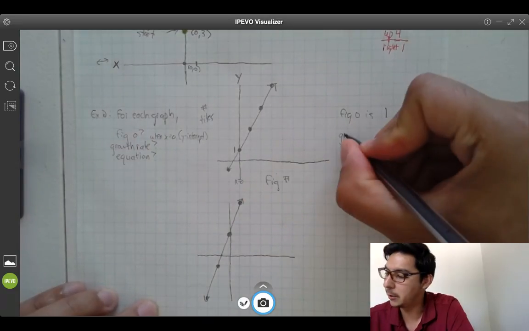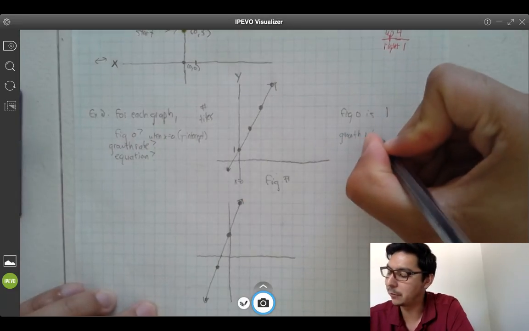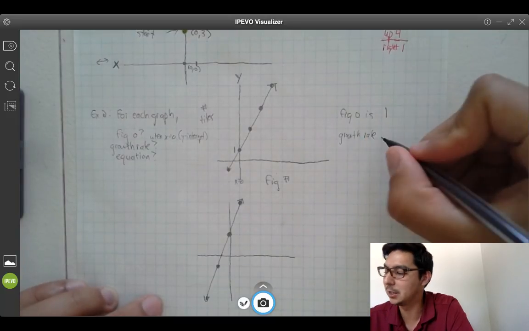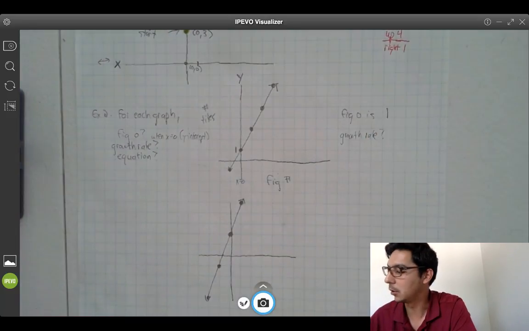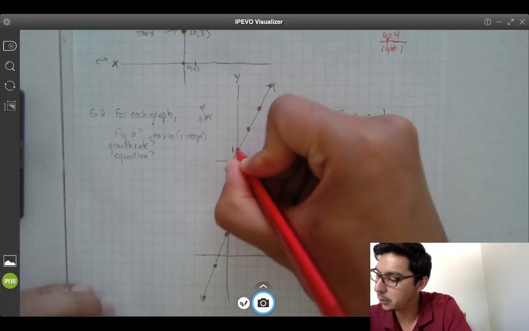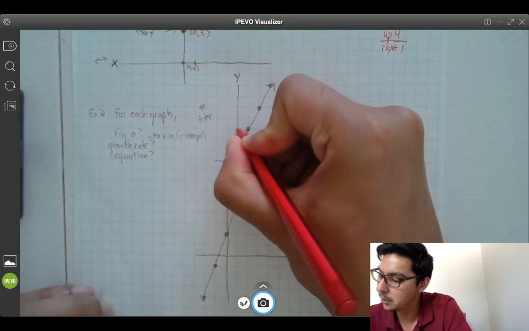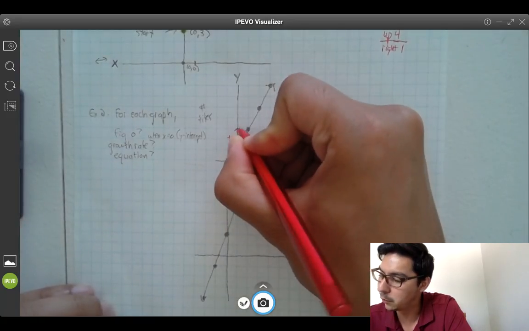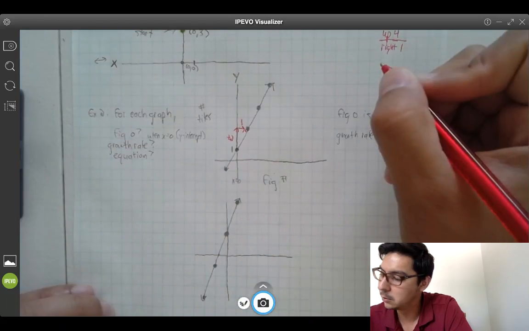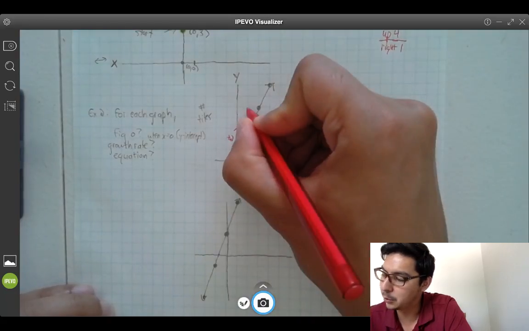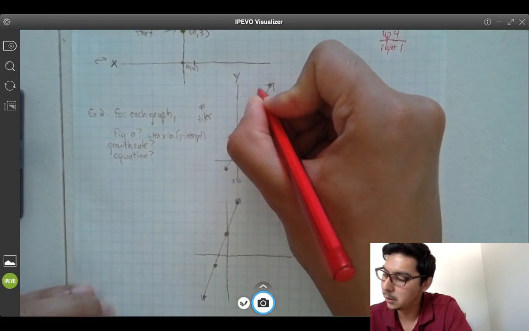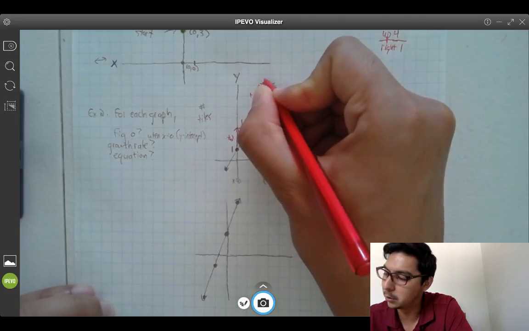What's the growth rate? Well, this is again where we have to look at the steepness. How steep is this line? To get from this point to its next point, we had to go up by 2 over 1. And notice that's the same pattern, up 2 over 1, up 2 over 1.